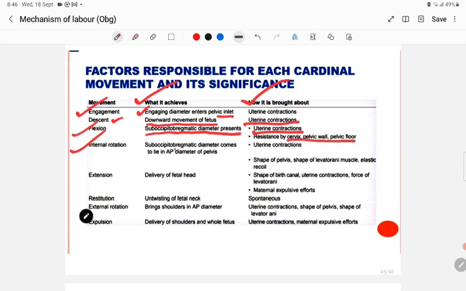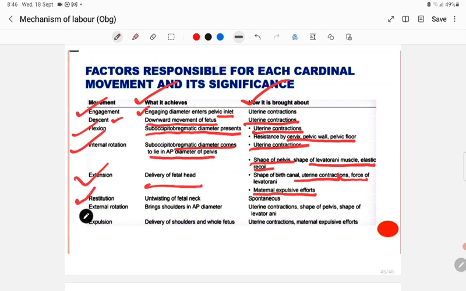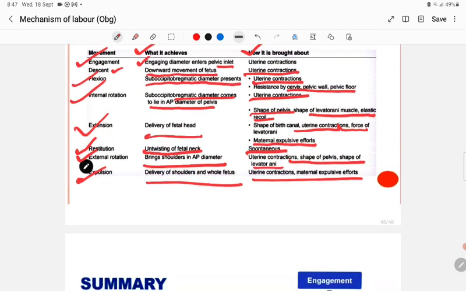Internal rotation: the suboccipitobregmatic diameter comes to lie in the AP diameter of the pelvis, because of uterine contraction, shape of the pelvis, and shape of the levator muscle. Extension: delivery of the fetal head, due to shape of the birth canal, uterine contraction, force of the levator muscle, and maternal expulsive effort. Restitution is the untwisting of the fetal neck, that is spontaneous restitution. External rotation brings the shoulder into the AP diameter, due to uterine contraction, shape of the pelvis, and shape of the levator muscle. Expulsion, delivery of the shoulder and the whole fetus, is due to uterine contraction and maternal expulsive effort.